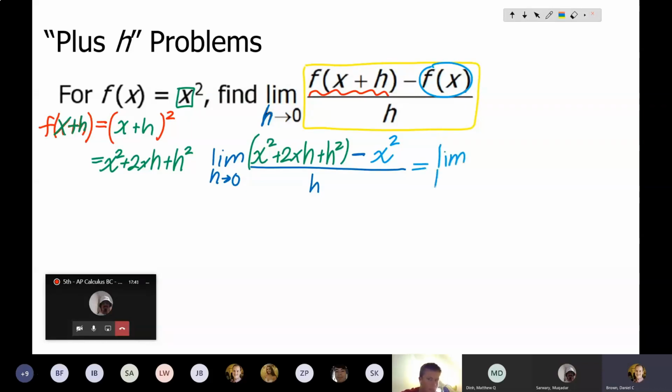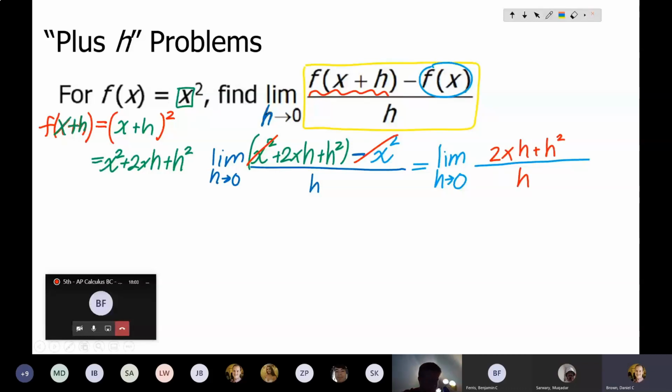What's one way we can see to simplify this limit expression? Minus the x squared and the x squared, yep, they cancel out. So then I have 2xh plus h squared all over h. All right, h is going to 0. Oh no, still have 0 over 0.